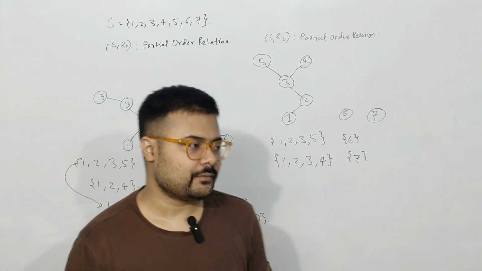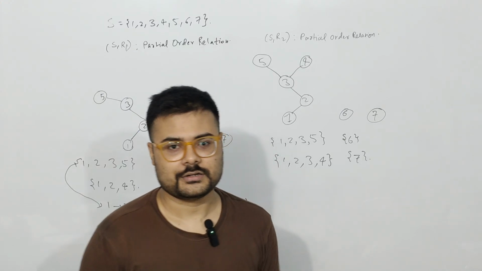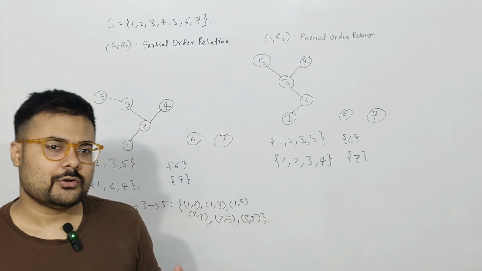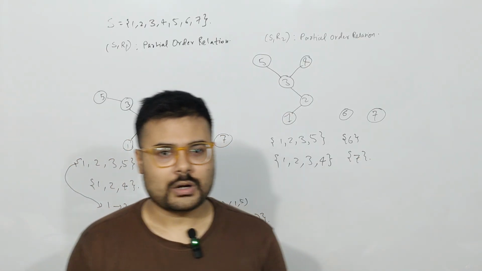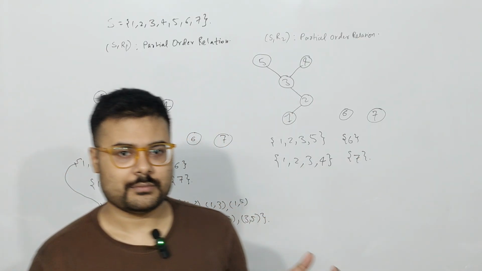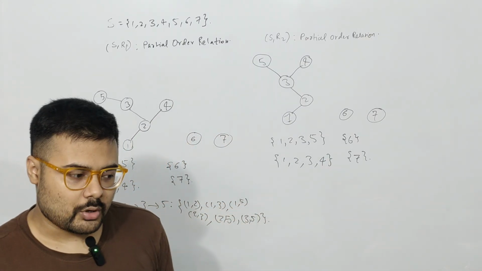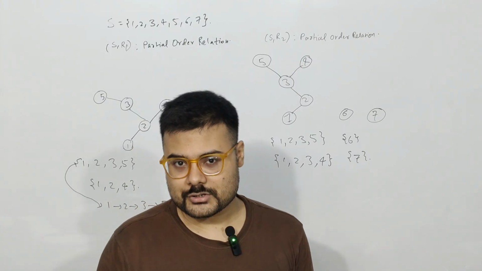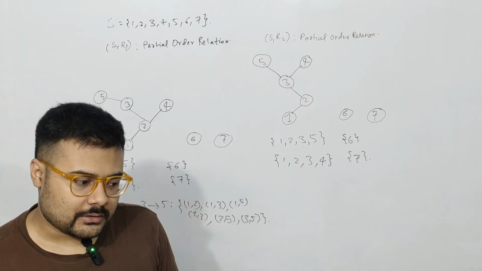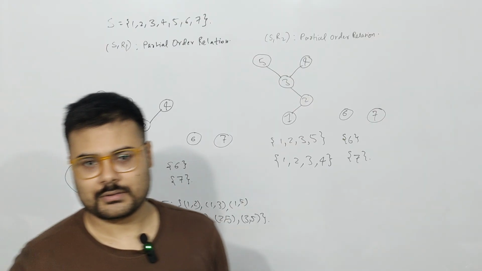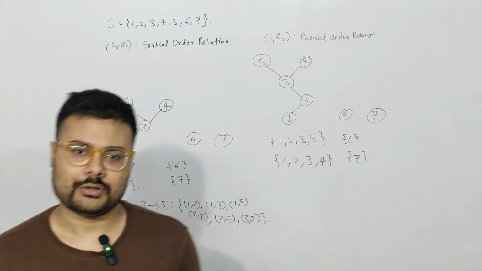For example, if you recollect the summary video of maximal and minimal elements, what we took is a set of n elements. So it was a finite set, and we talked about how the smallest possible partial order relation is a reflexive relation, and in it you have the maximum number of maximal or minimal elements, where all the elements are maximal and minimal only.